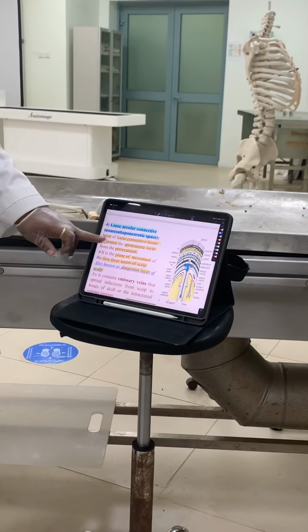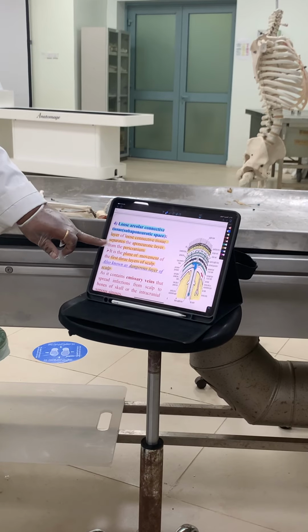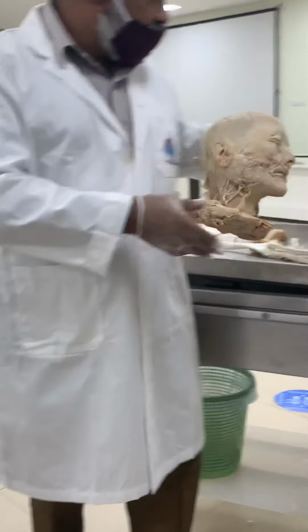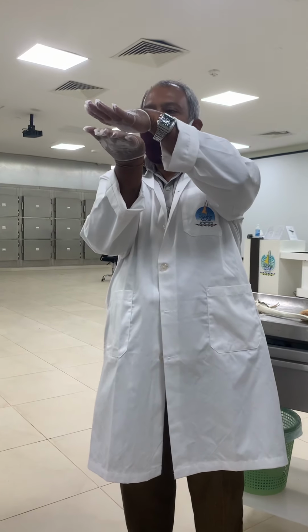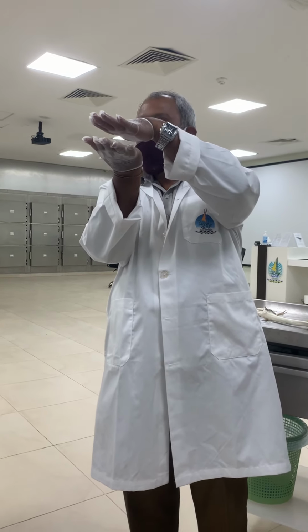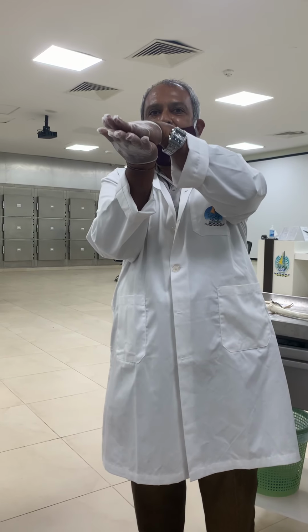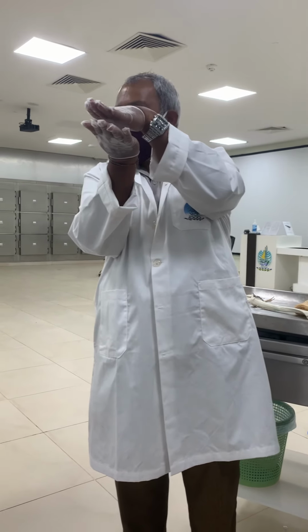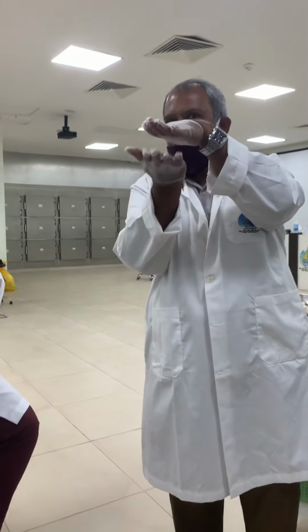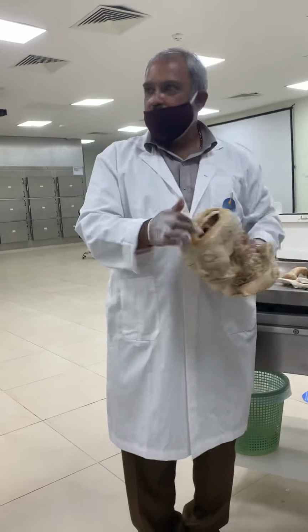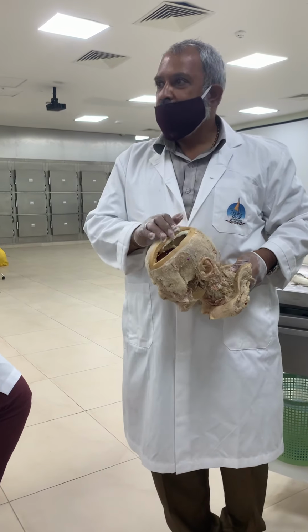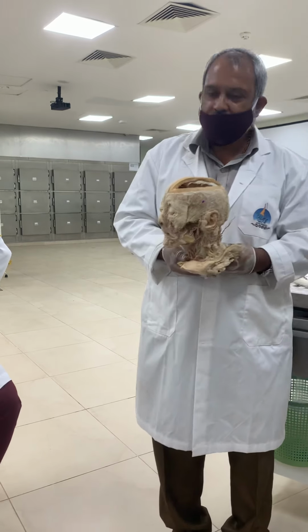It is a layer that loosely separates the aponeurosis below. So this is the aponeurosis and then this is loose areolar tissue. It is not tightly attached; there is a space. That is why this layer is moving. This layer is attached to the pericranium, which is the covering of the skull. You got it? Okay.